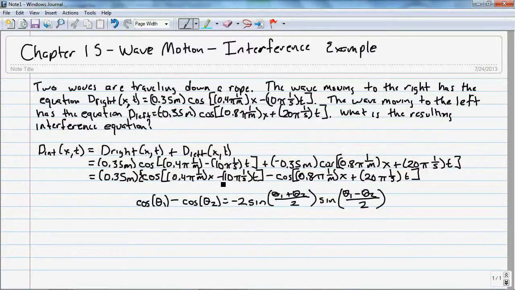And now adding in our two equations that we've identified.